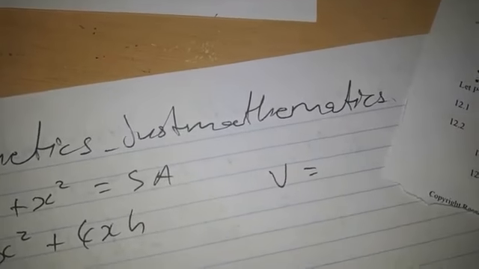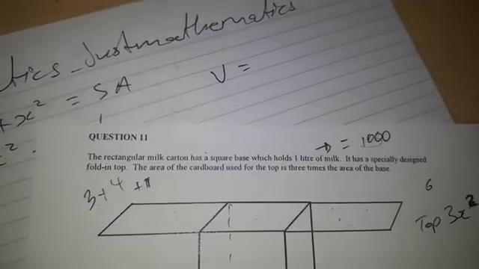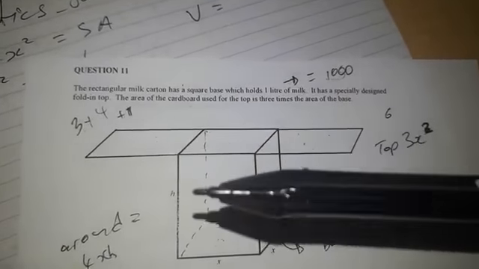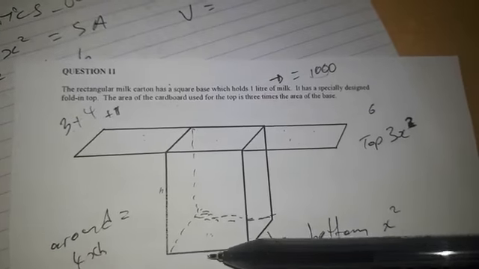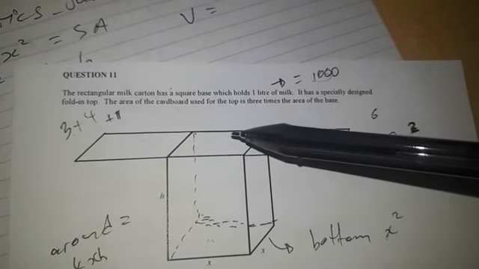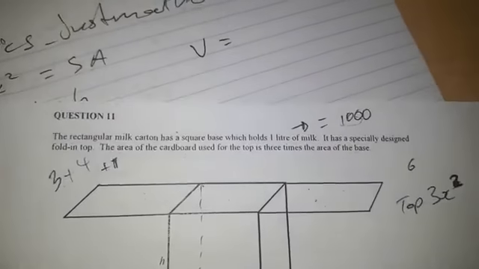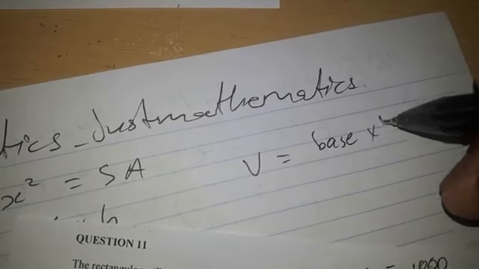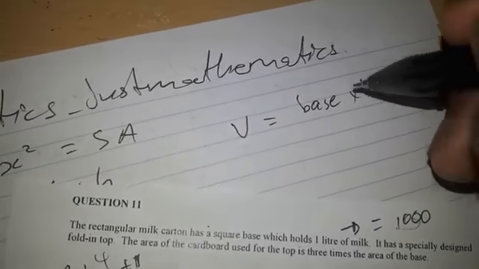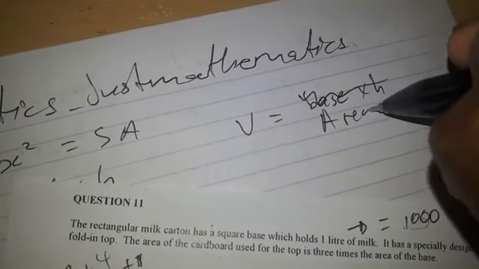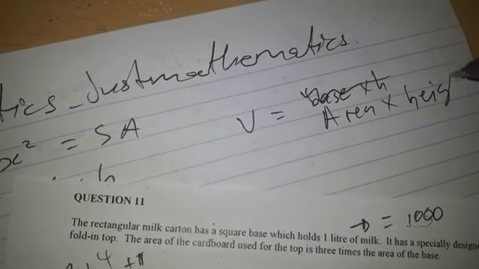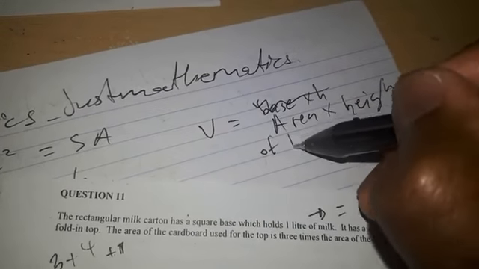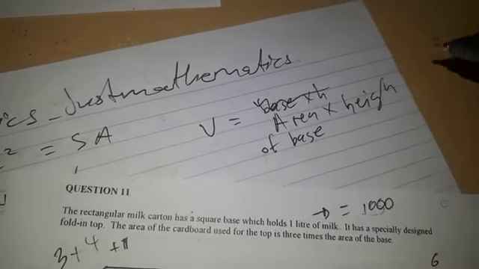Meaning here we know that our volume, whatever the volume of this carton is, we need to work it out. So working out the volume of this thing, it's technically going to be the base, which is x times x, multiplied by the height going up. The volume is going to be the area of the base times the height.